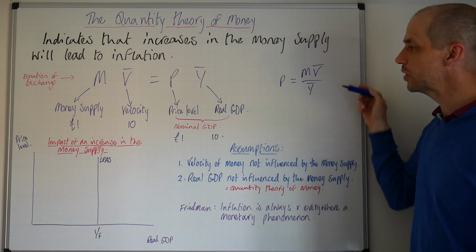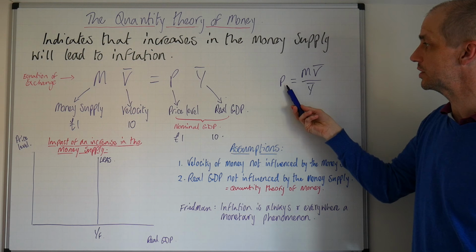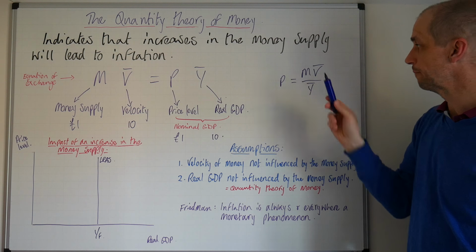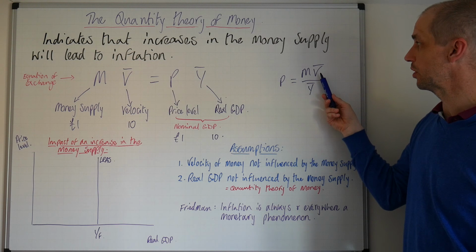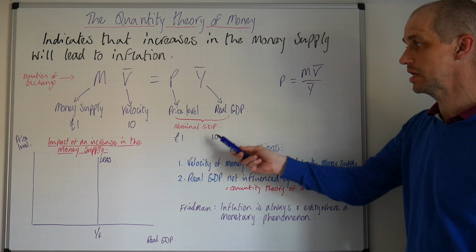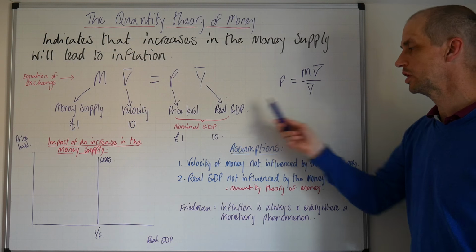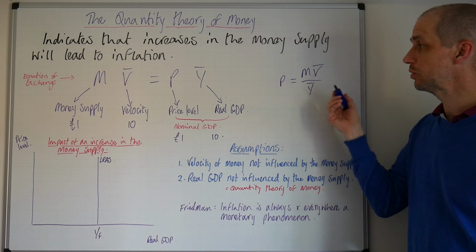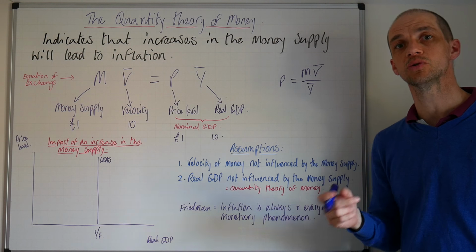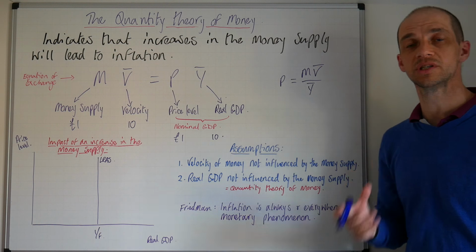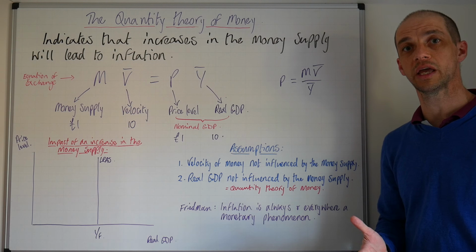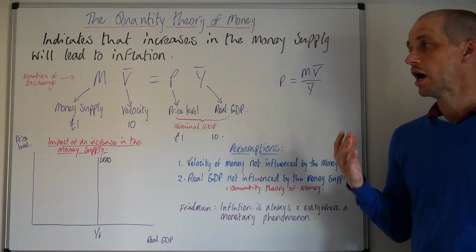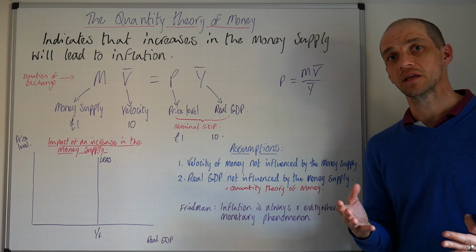We can see that P equals the money supply, which is 1, multiplied by the velocity, which is 10, divided by Y, which is the real GDP, which is 10. So therefore we would reach an outcome where P equals 1. But what's crucial is that price essentially equals the money supply here, because you're dividing V and Y there. Okay, so very, very interesting.